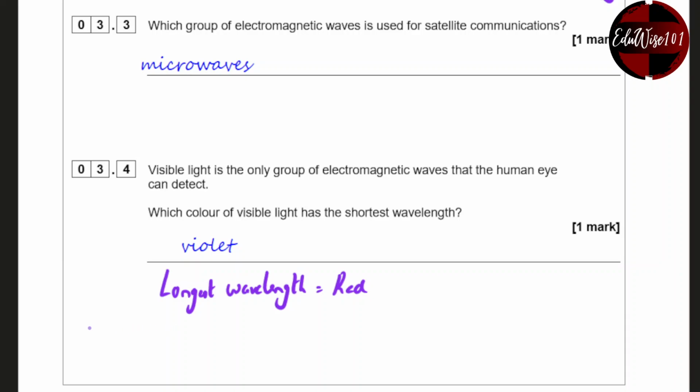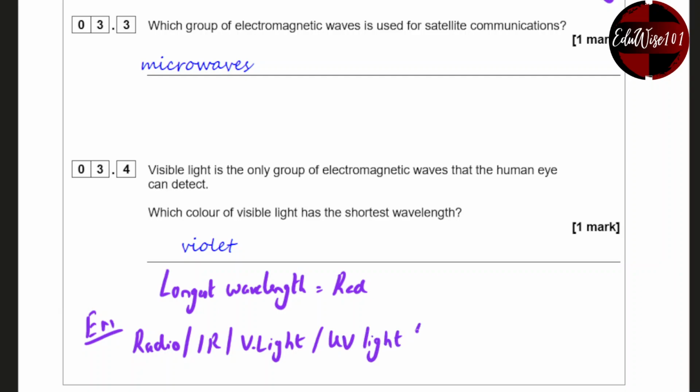Remember that in the electromagnetic spectrum, we start with radio waves, infrared, visible light, UV light, X-rays, and then gamma. So in visible light, the closest to infrared is red color.